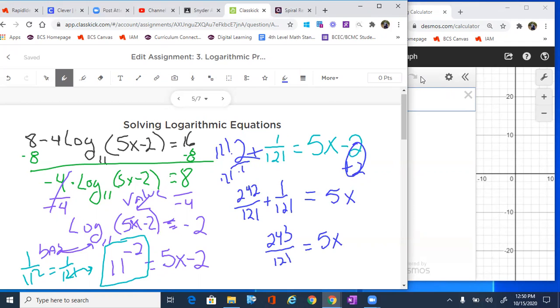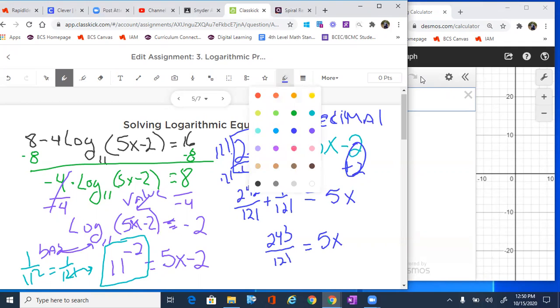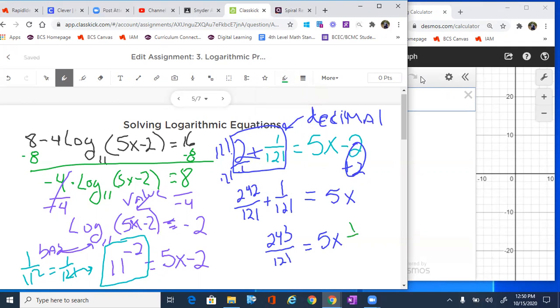Once again, if you don't want to do that, you can plug that in and get a decimal. That's up to you. Now, in order to get to that next step, I'm going to get rid of that 5, which is 1 over 5, so I'm going to multiply by 1 over 5. This will cancel with that.